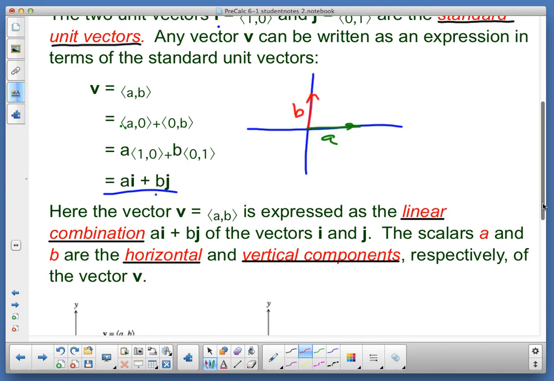Keep in mind, any vector can be described by its horizontal component and vertical component as ai plus bj, with i and j being those different components combined. Here, the vector v, with components a and b, is expressed as a linear combination of the vectors i and j, and the scalars a and b are the horizontal and vertical components respectively of the vector. So all they're saying is that you can take a vector's components and express them separately, vertical and horizontal. And we've kind of alluded to that as we've gone through.